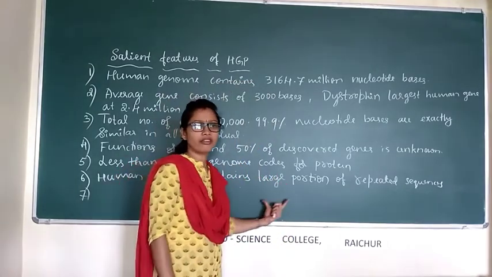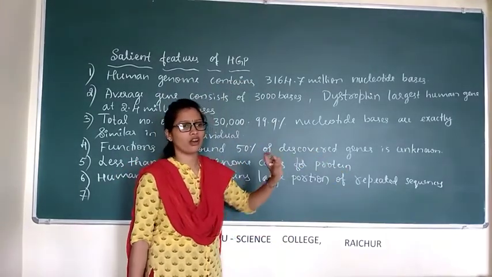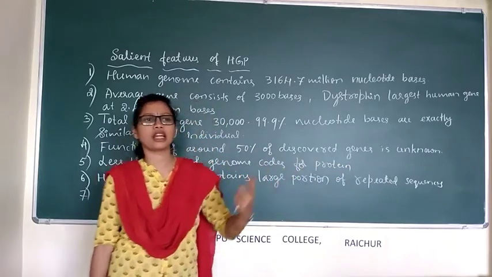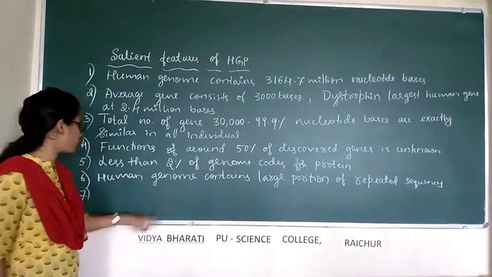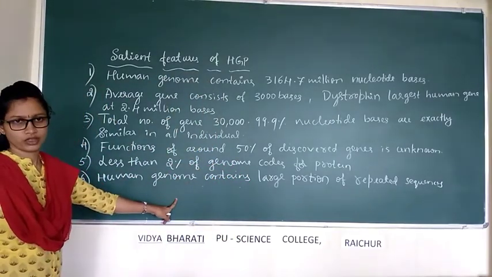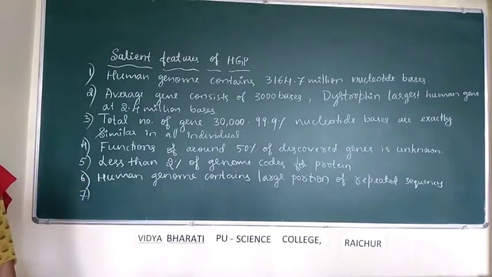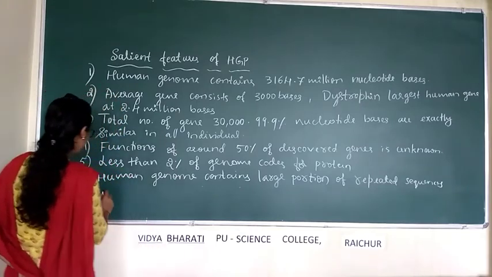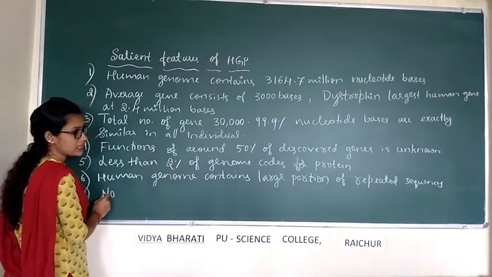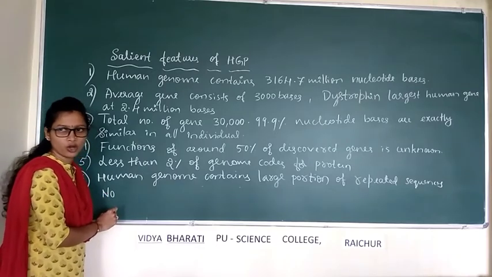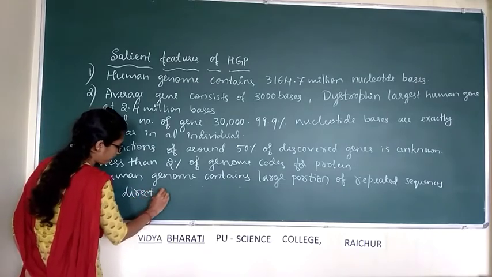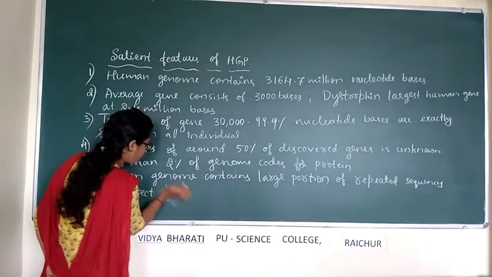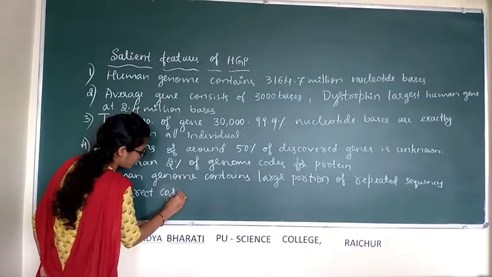They don't have direct functions in coding. The repeated sequences present in the human genome are thought to have no direct coding functions.